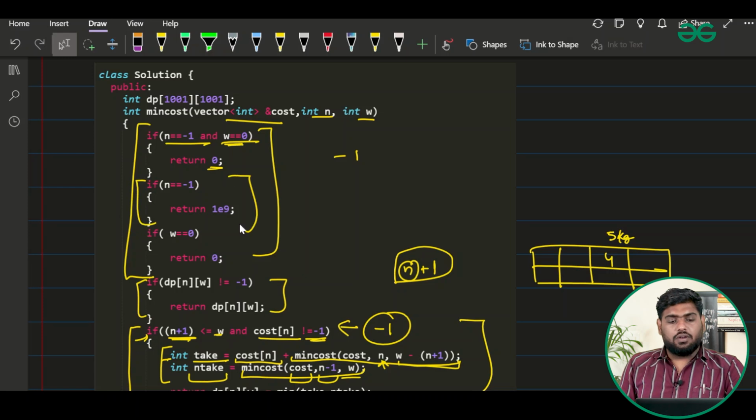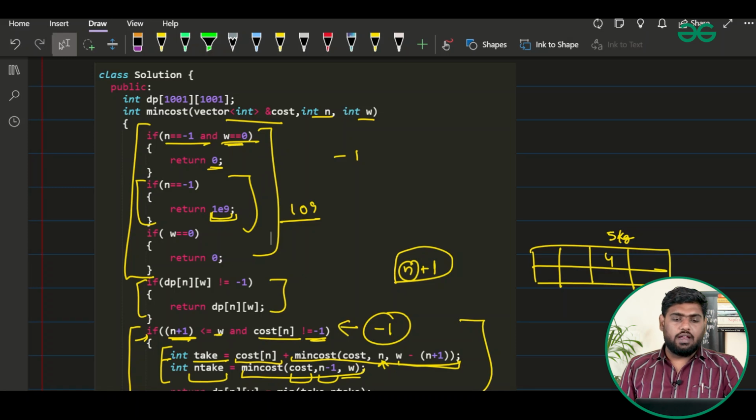If I'm encountering n equals minus 1 anywhere in the middle, and the w is still intact, it still has some value, it is not 0, in that case my solution is not possible. So I have just returned 10 to the power 9 so that I can deal with it later in the main function, and I can say minus 1, because all the combinations were not able to make up to the capacity.